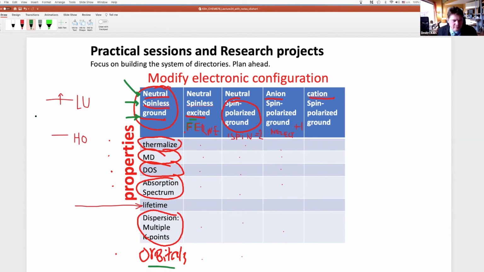after some time, after tau life, there will be spontaneous emission. The electron will relax back to the ground state, back to the HOMO. And this lifetime, tau life, is approximately equal to 1 divided by the oscillator strength for this transition, with some additional factors.